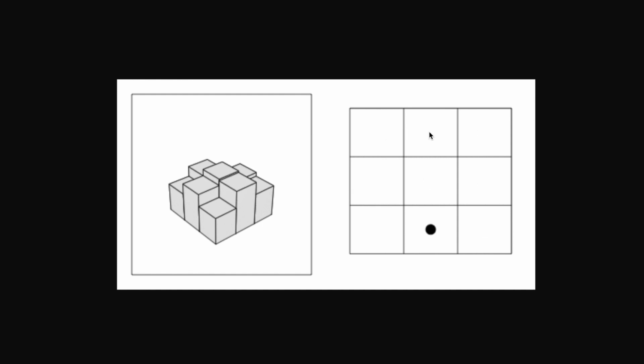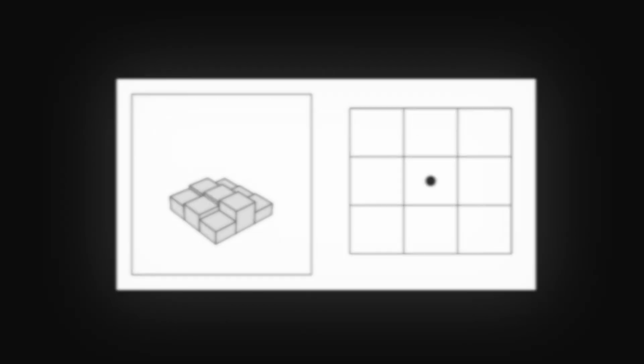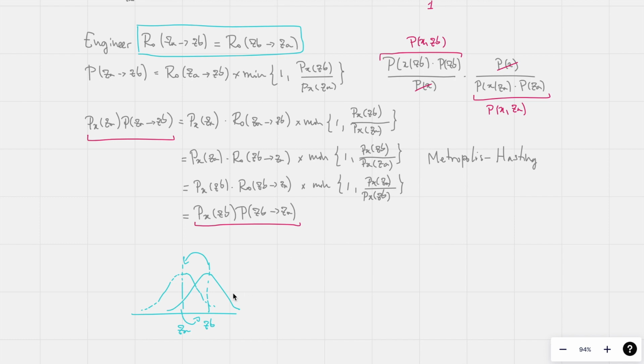You have only a 1/2 probability to go from the top left to the middle here, and it's 1/3 for going from the middle here to the top left. So think about it that not every proposal distribution here has the property of being symmetric, and we need to be really careful to find a proposal distribution that has this property of symmetry. Otherwise, the algorithm does not work.